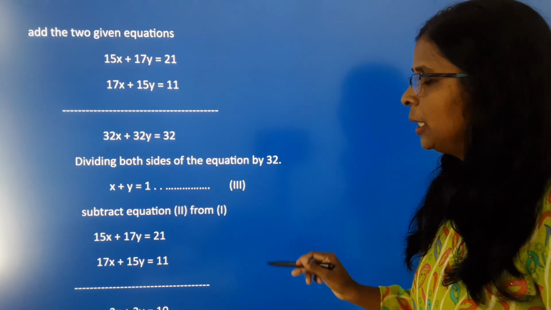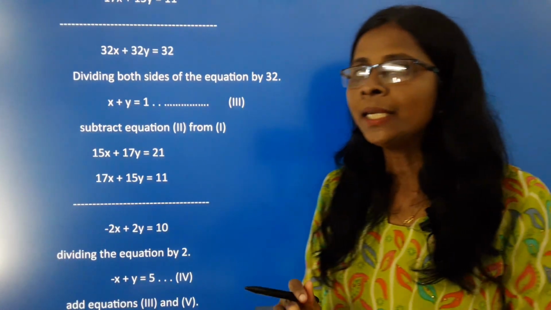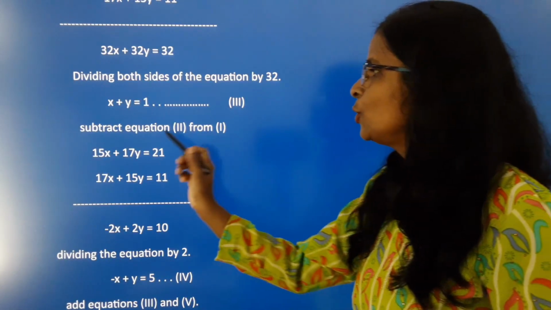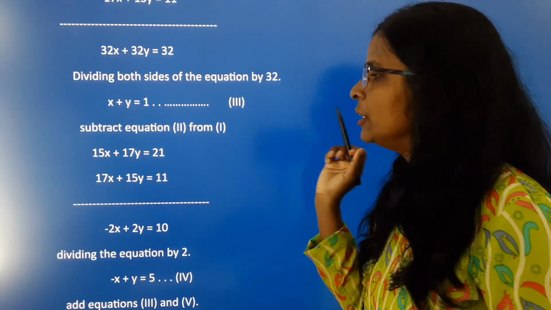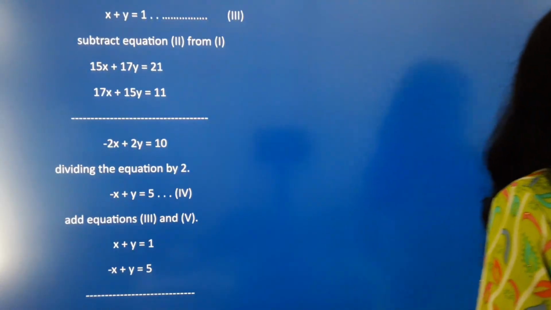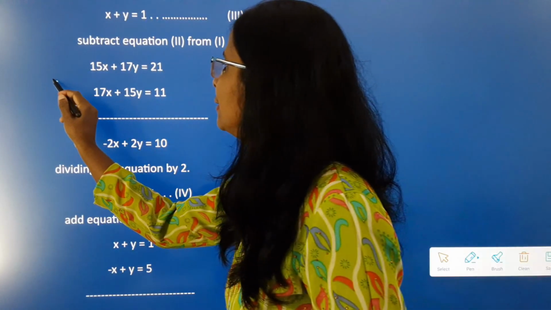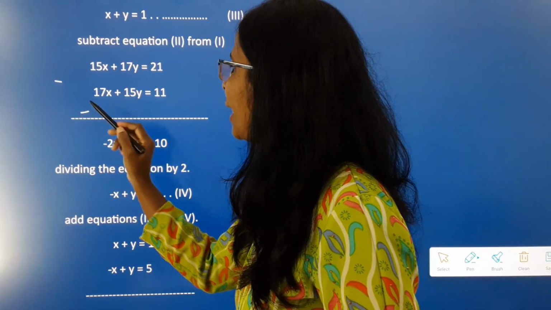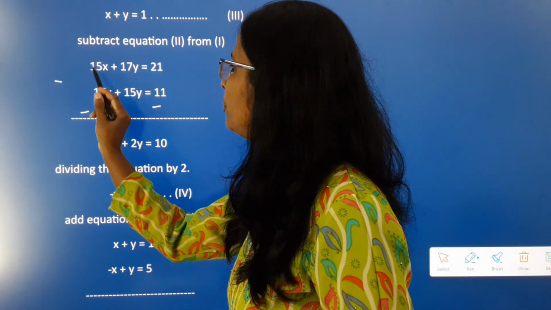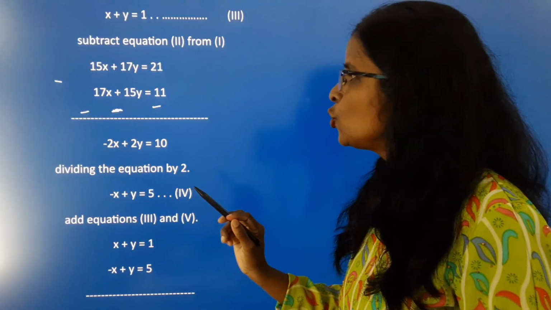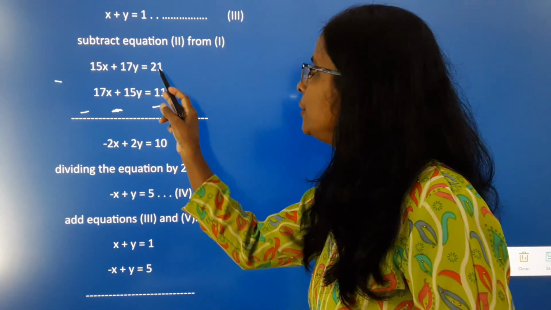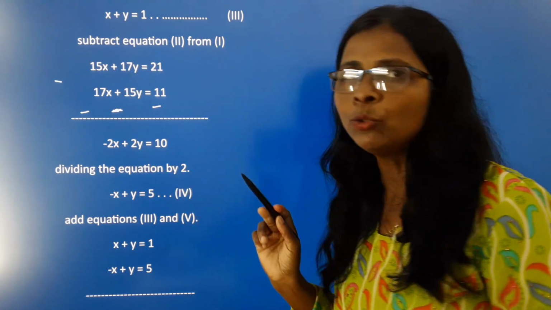Now our second process is subtraction. So subtract equation 2 from equation 1. After subtraction, change the signs, here minus and here also minus. So 15 minus 17 means minus 2x, 17 minus 15 means plus 2x, and 21 minus 11 is equal to 10.